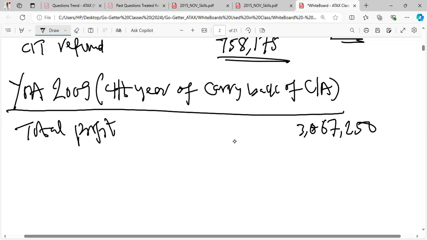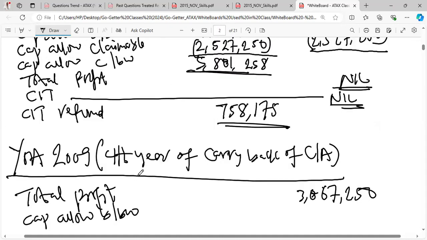Then we are going to say capital allowance brought backward. We will now go to our capital allowance carried backward. How much is it now? 5,801,258.